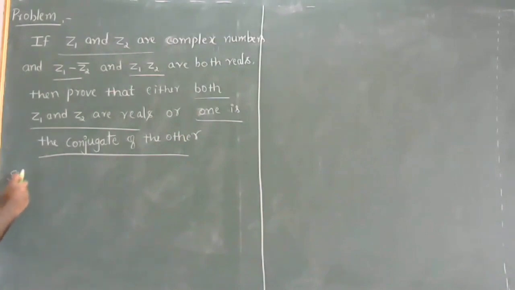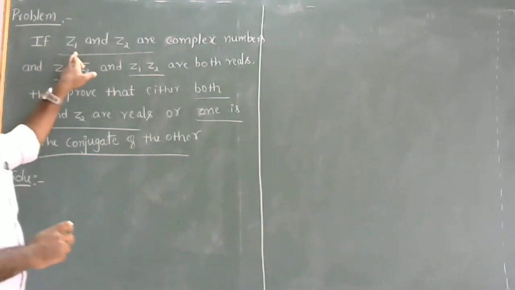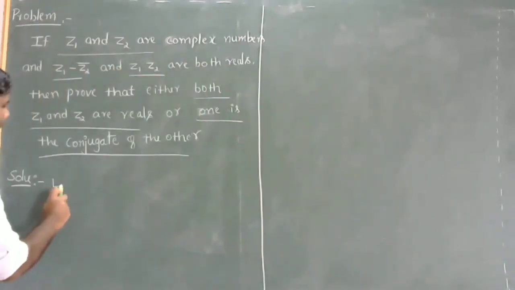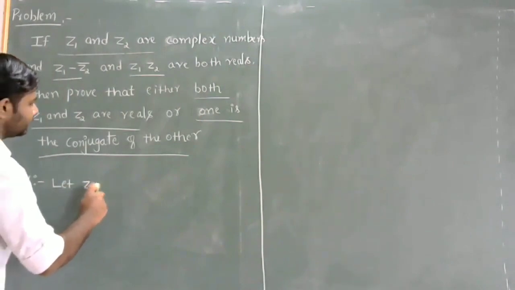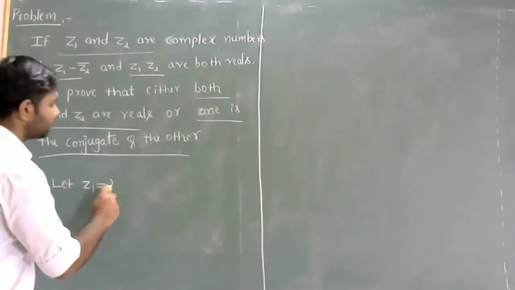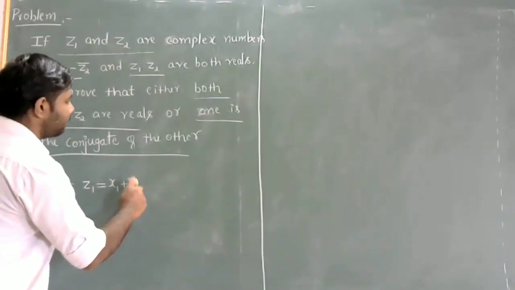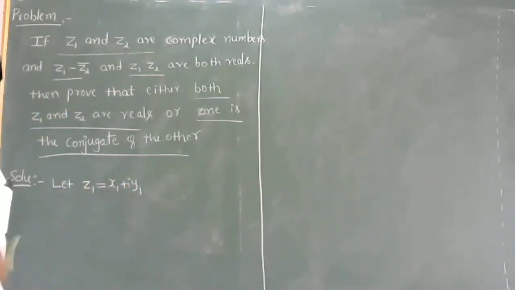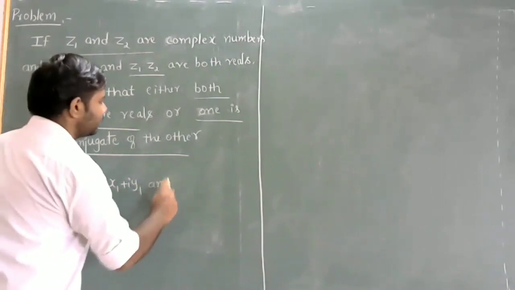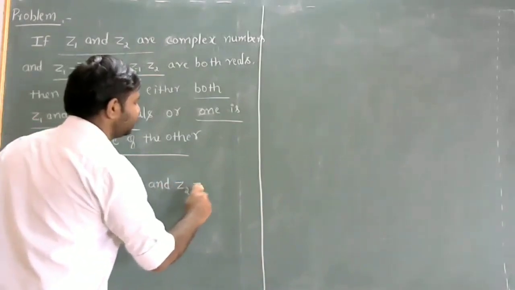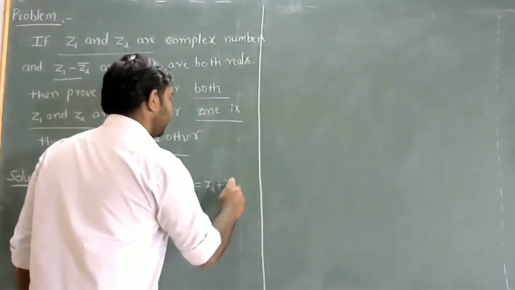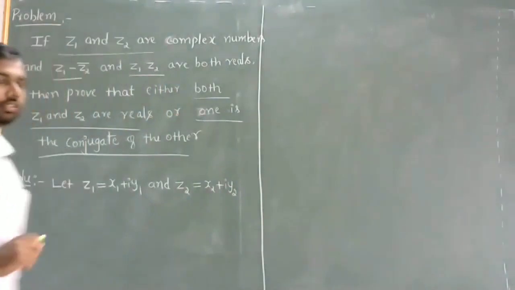So, solution. First of all, given Z1 and Z2 are complex numbers, let Z1 be a complex number of the form a plus ib, or I will take it as x1 plus iy1. Whatever notation you want, you can take it, and let Z2 be x2 plus iy2.